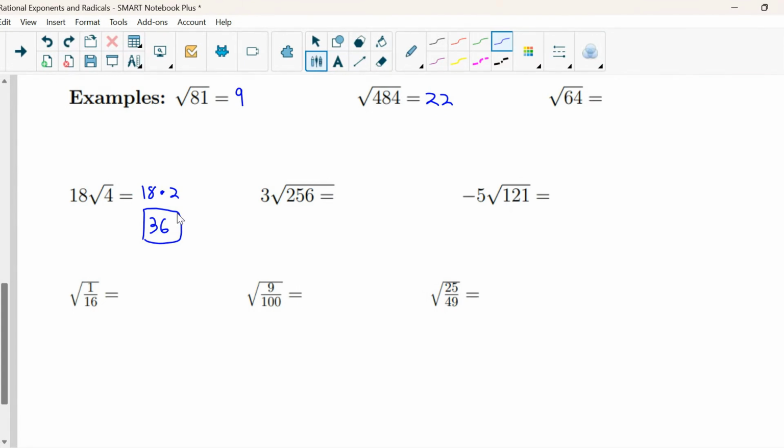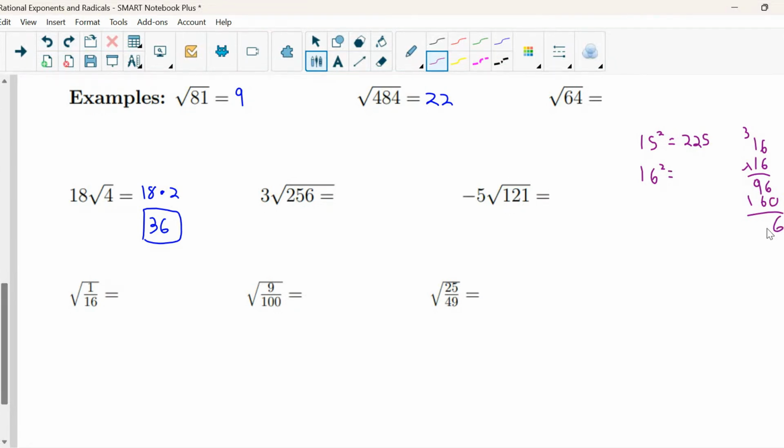All right. So I've got 3 times the square root of 256. Once again, I don't know that one off the top of my head, so let's take a guess. I do know 15 squared off the top of my head, which is 225, so we're getting close. So how about I try 16 squared? 16 times 16. 6 times 6 is 36, carry the 3, 6, 9, 0, 6, 1.